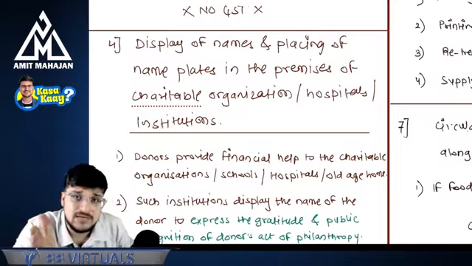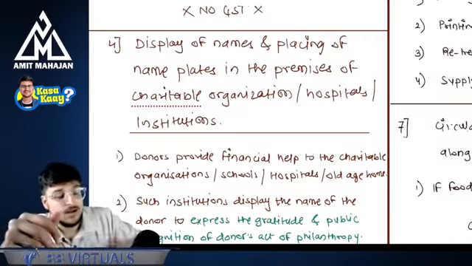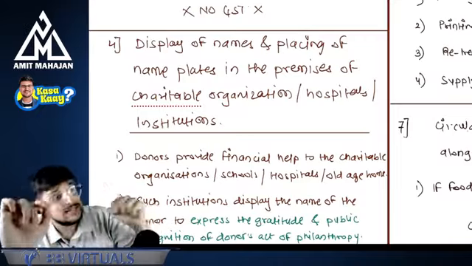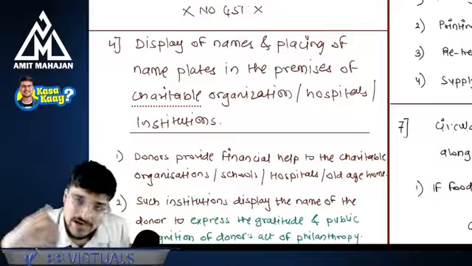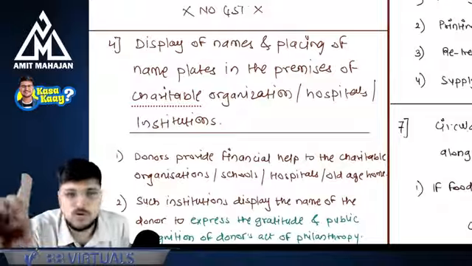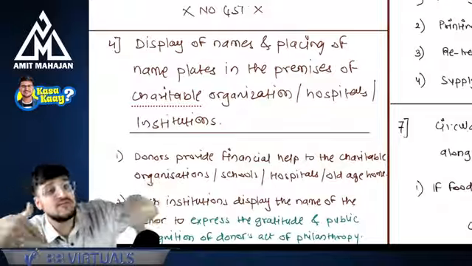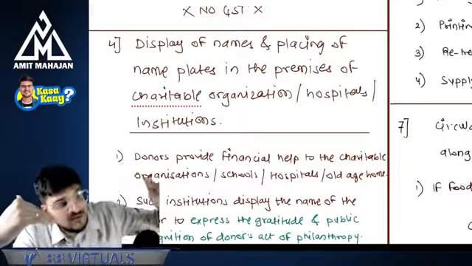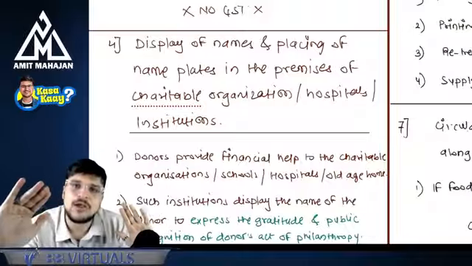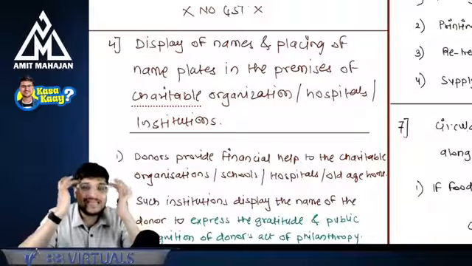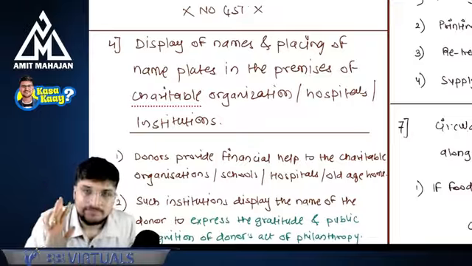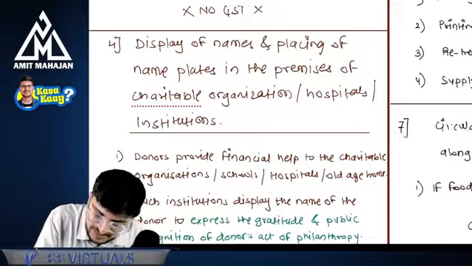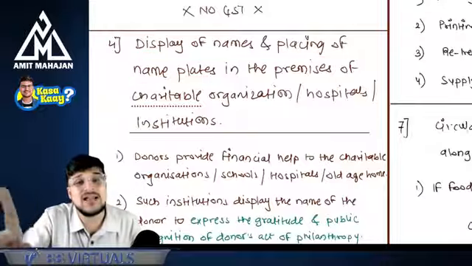Because if it is a condition, then you can say that I said, if you are going to write my name, then only I will pay 10 crores. Did I say this? No. It was not my condition. I paid 10 crores. Out of gratitude, they wrote my name. Even if they are not writing my name, I'm okay, which means my intent is not advertisement. My intent is pure donation. And in this case, display of names and placing nameplates will not be considered as advertisement.